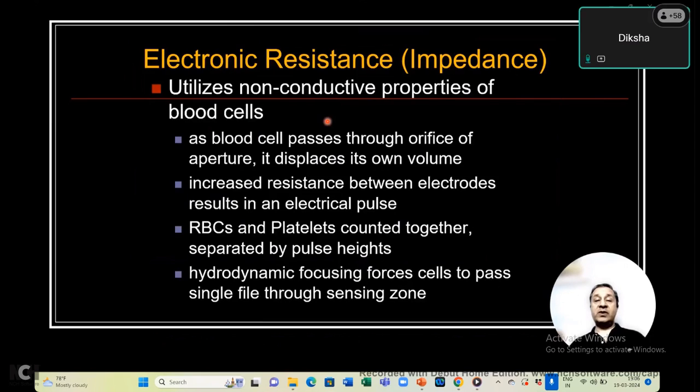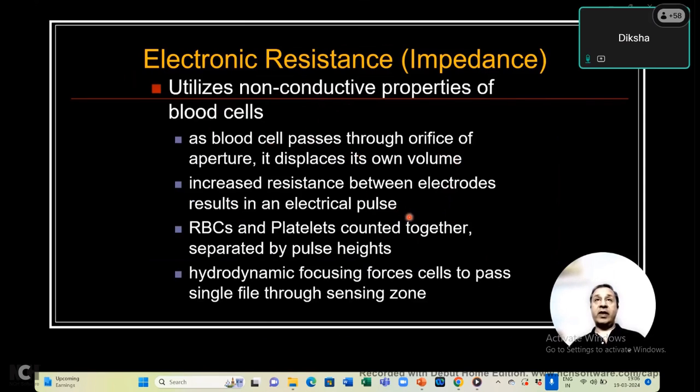As I just mentioned a slide ago, electronic resistance or impedance is based on the fact that blood cells are non-conductive for electrical current. As the blood passes through the orifice of the chamber, it will impede the passage of the current. The resistance between the electrodes increases, and depending upon the relative size, an electrical pulse will be generated.